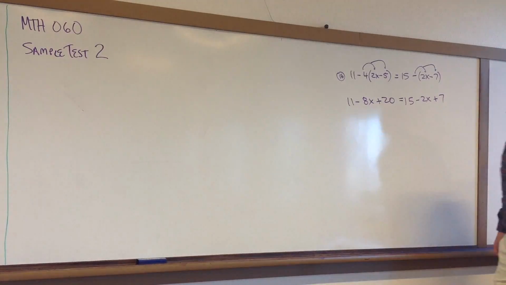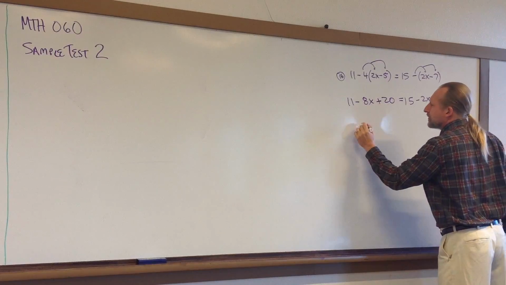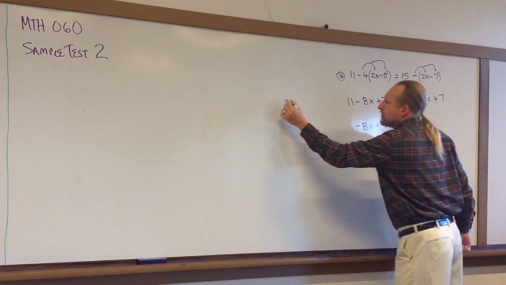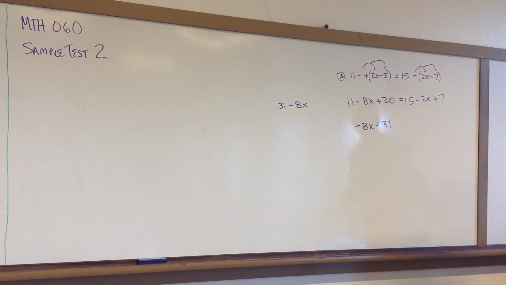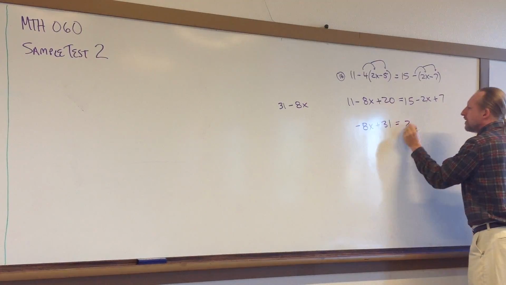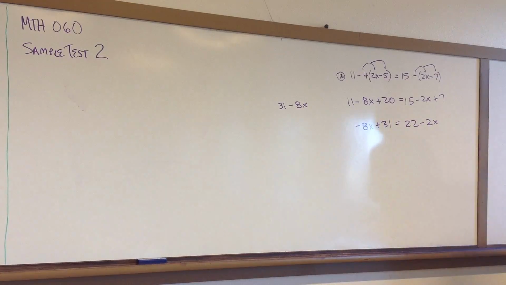Okay, so let's collect everything we've got here. So this is going to make 31. I'll call it negative 8x plus 31. You could just as easily write 31 minus 8x. They're the same thing. I'll do that over here. The 15 plus 7 makes 22, and then the minus 2x. Okay, let's see.